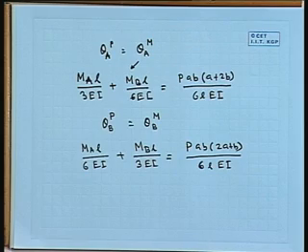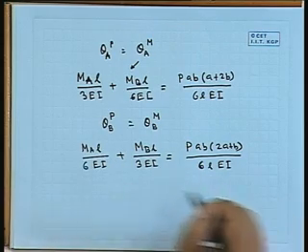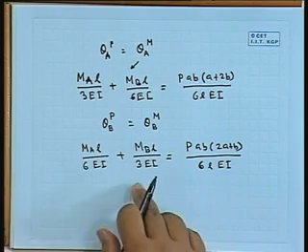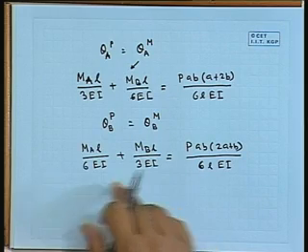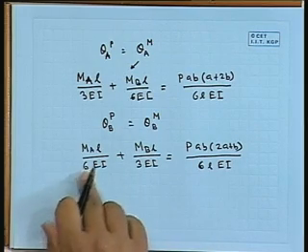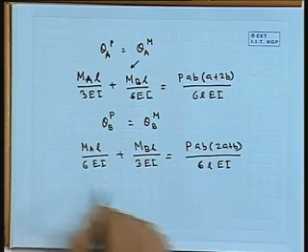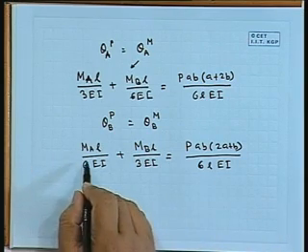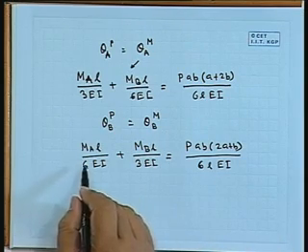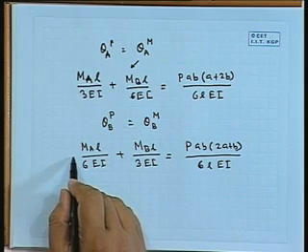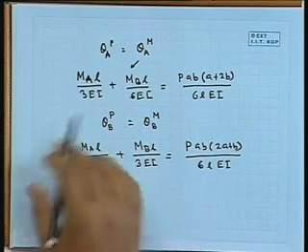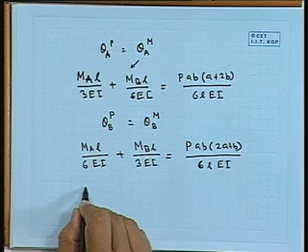Now the lower equation, if we multiply with 2, this 6 will be 3 and the MA part we can cancel. So this equation we can write in a separate line.